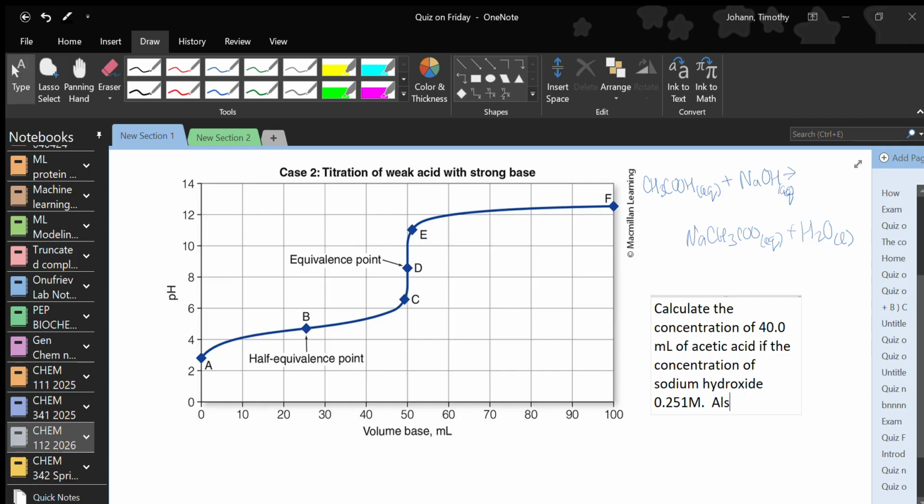Also, determine the pKa for acetic acid.